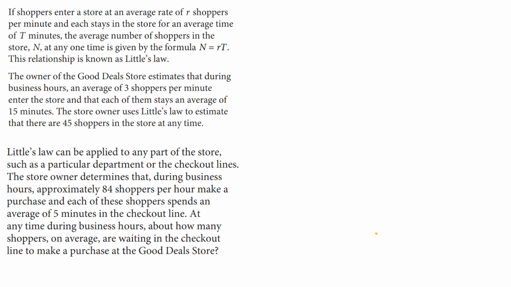For our case, we need to consider Little's Law, which is this formula. N equals RT. R is the rate of shoppers per minute, T is minutes, and N is the average number of shoppers. So in our case, we know that there are approximately 84 shoppers per hour. So looking at the rate, we can apply that to our R. So R is going to be equal to 84 shoppers per hour.